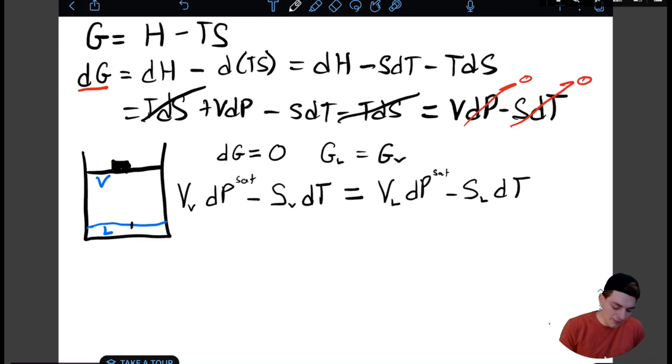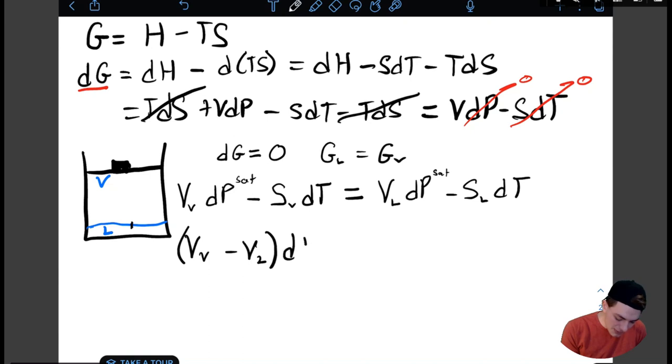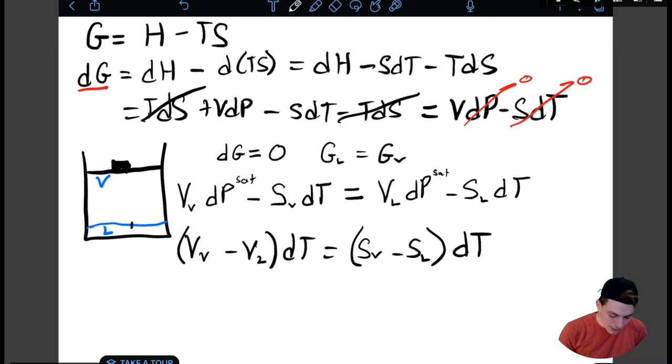And when we do that, I'll move liquid to this side and then to that side. So we'll have volume of the vapor phase minus volume of the liquid phase, all times the differential in temperature, is going to be equal to the entropy of the vapor phase minus the entropy of the liquid phase times the differential in pressure.